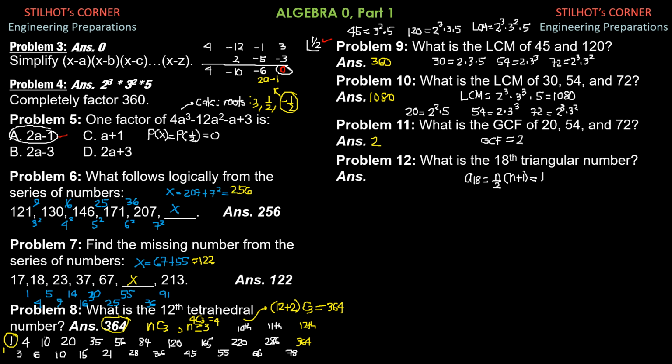So this is 18 over 2 times 18 plus 1. So that would be 9 times 19. And 9 times 19 is 171. So the answer is 171, the 18th triangular number.